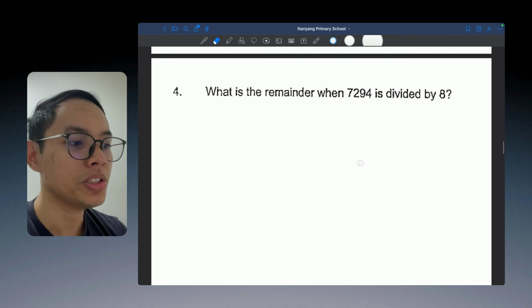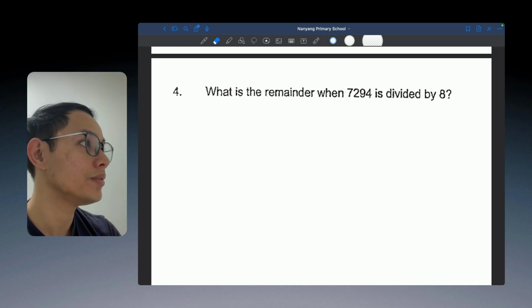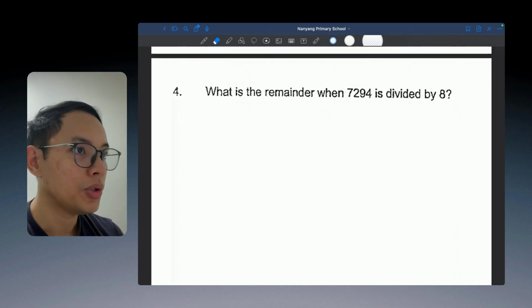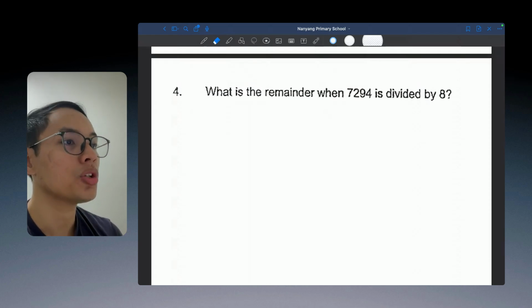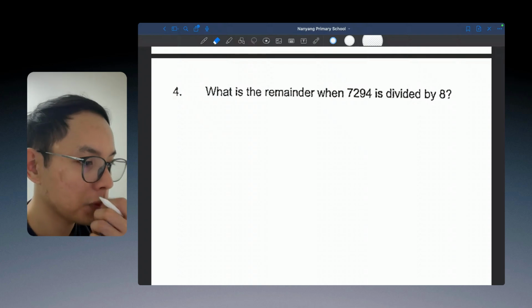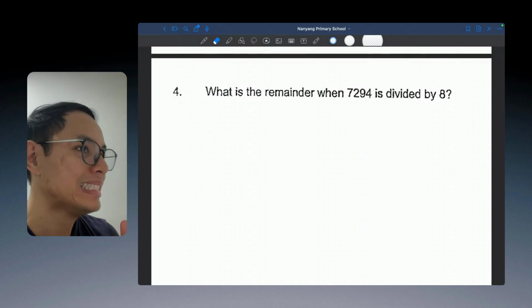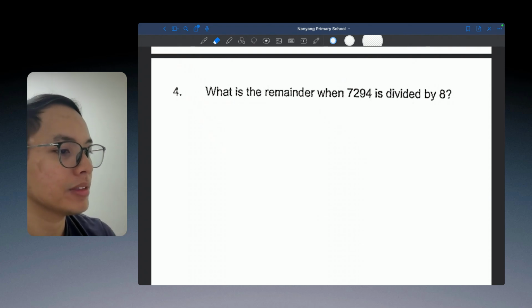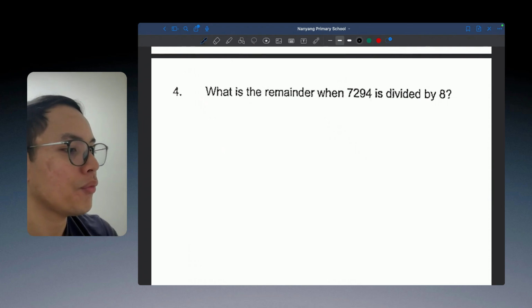All right, so this question is your open-ended question, a short open-ended question. All right, so over here it says, what is the remainder when 7,294 is divided by 8? Okay, so we are looking for remainder.